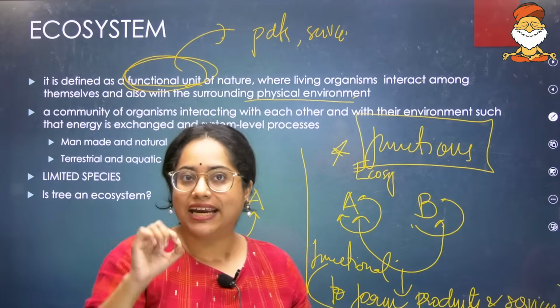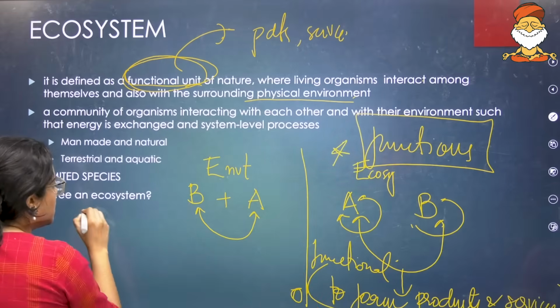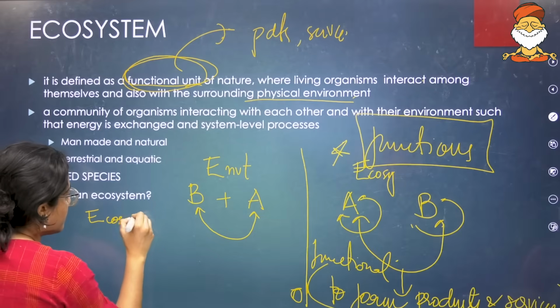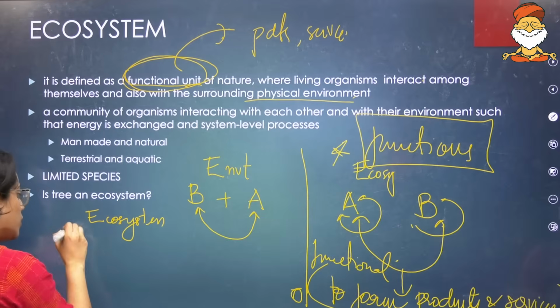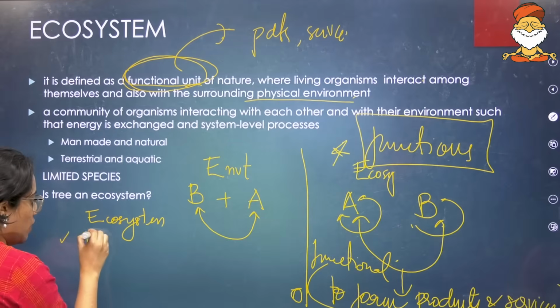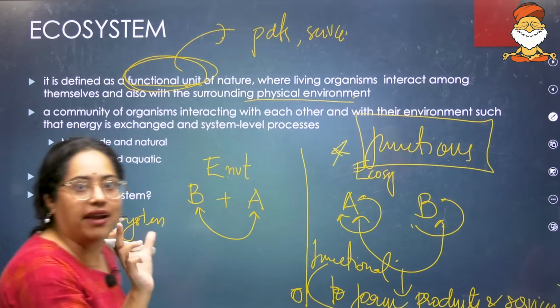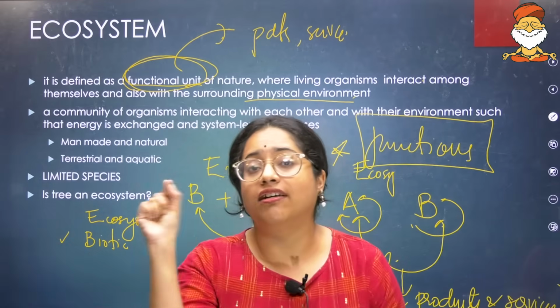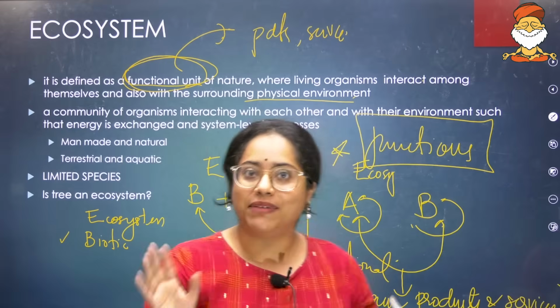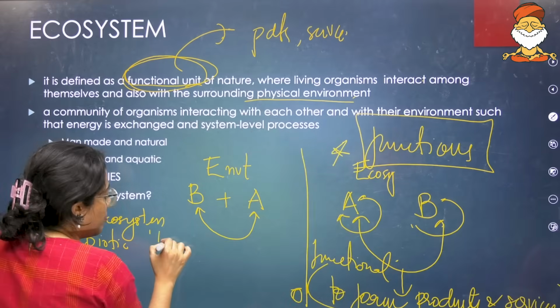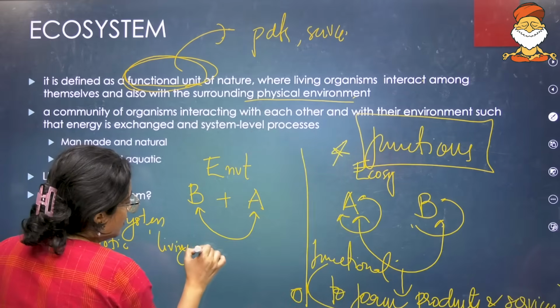So let's break it down. An ecosystem's definition should have biotic factors. Not in so many words. Don't be like, okay, in that definition they didn't mention biotic. Biotic means they should have some idea about the living organisms.